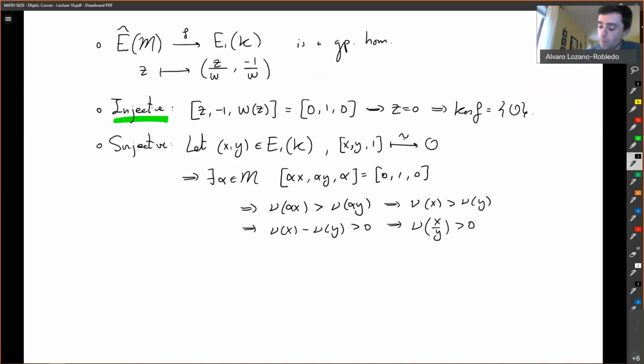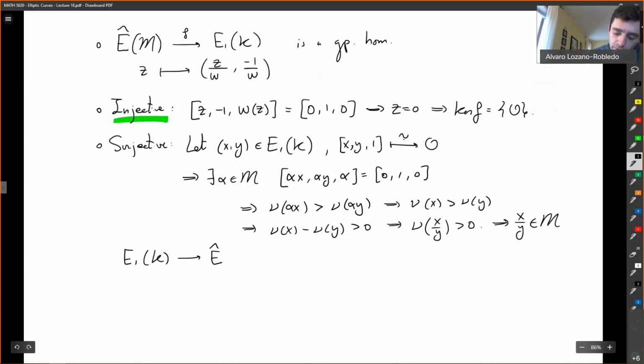Okay, but this tells me then that x over y is in the maximal ideal, but there is an inverse map to go from points to points in the formal group. Remember that is the inverse map. The way you get the z value is, from a point xy, I send it to minus x over y.